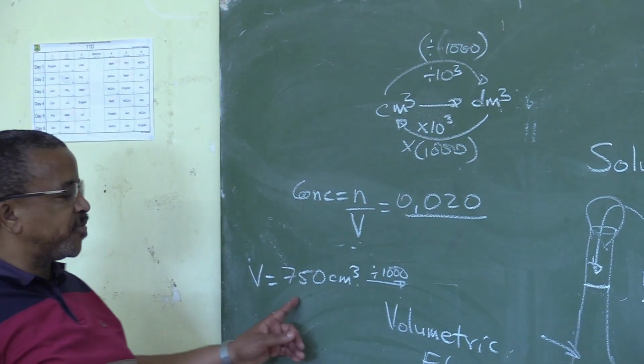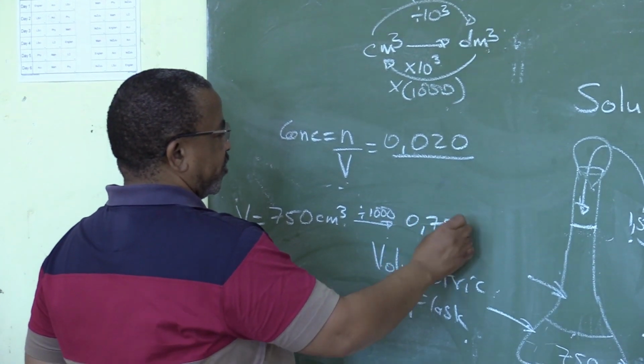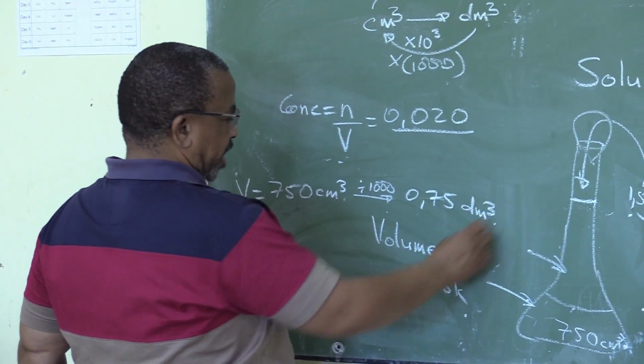Dividing 750 by 1000, you get 0.75 decimeter cubed.